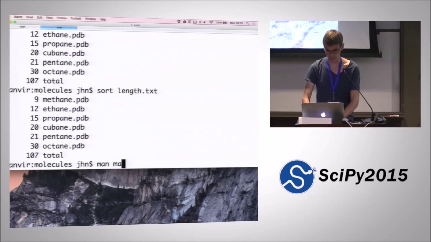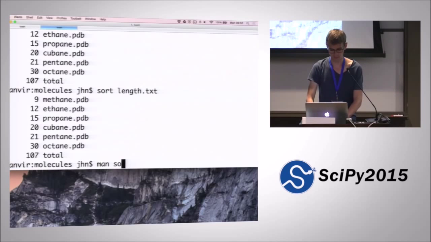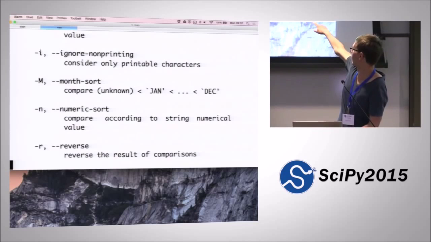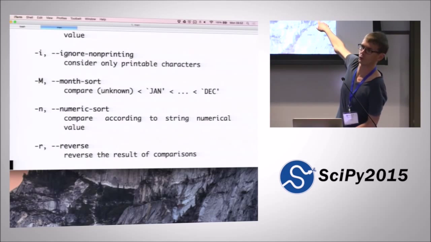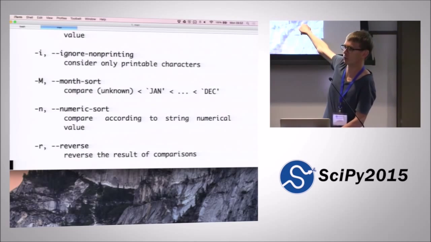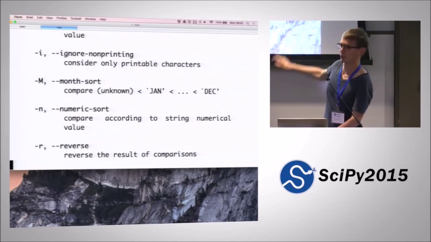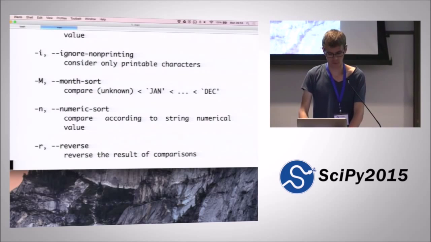So we can confirm that by, again, inspecting the man page. A lot of options. Yeah, and this one says compare according to string numerical value. So that's not overly helpful, but it means that we're converting it to a number before sorting rather than sorting according to the string.